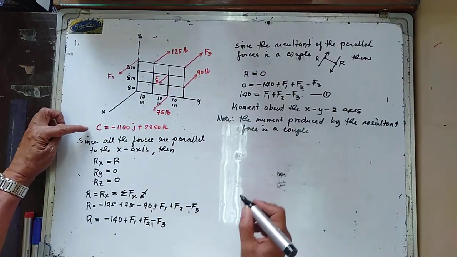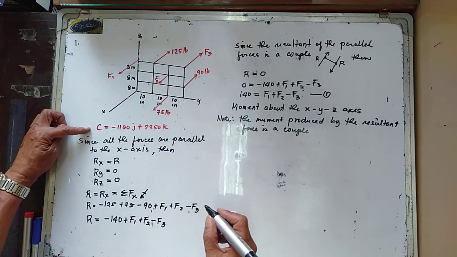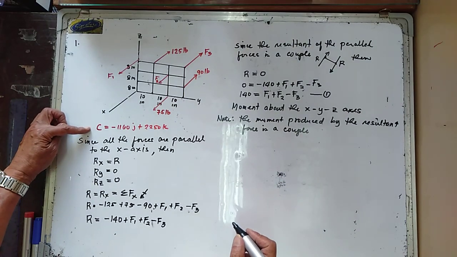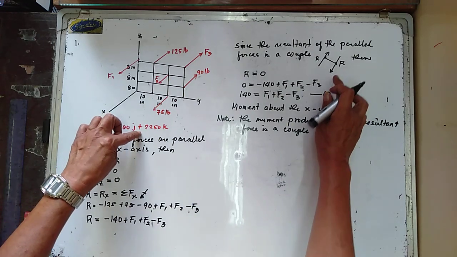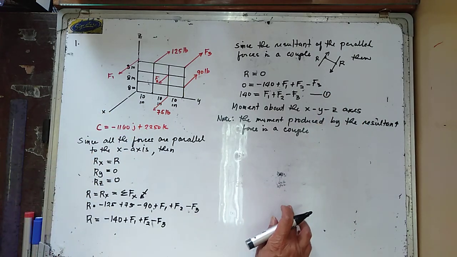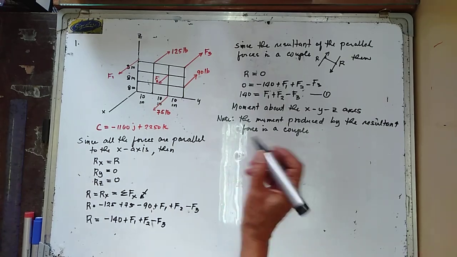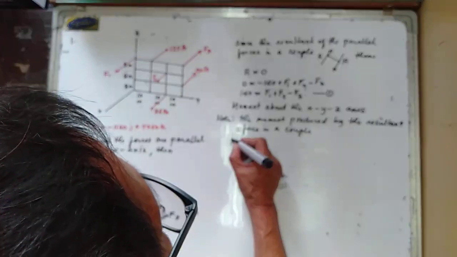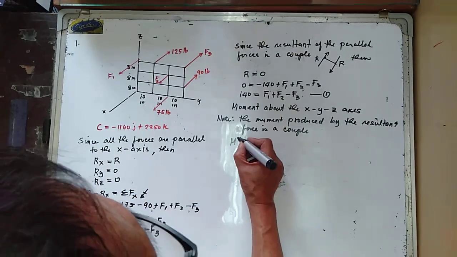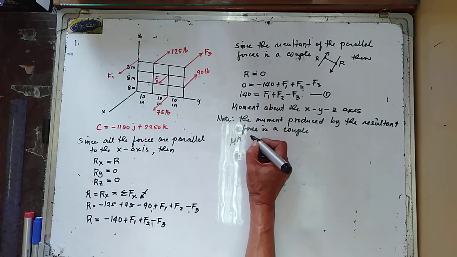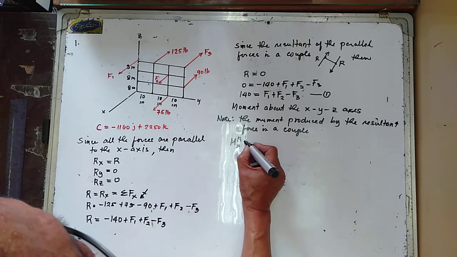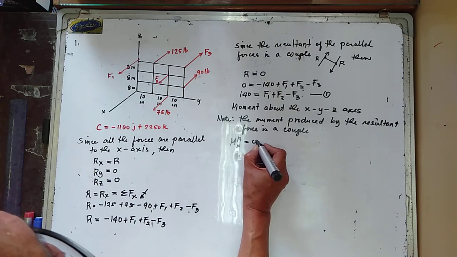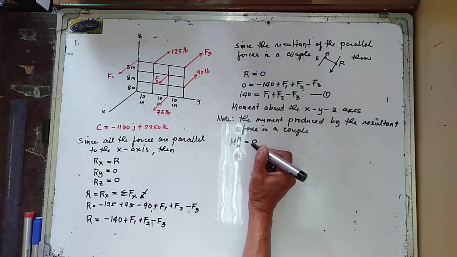And that couple in here is equal to minus 1160 j plus 2250 k. So let us try to get now the moment, therefore, of the resultant about the x-axis, which is equal to 0.